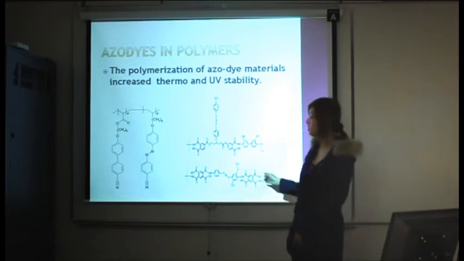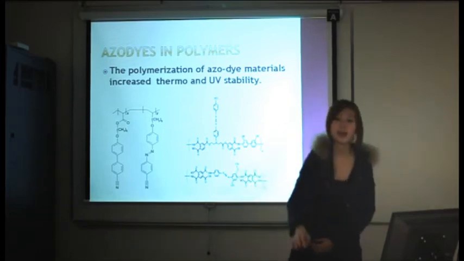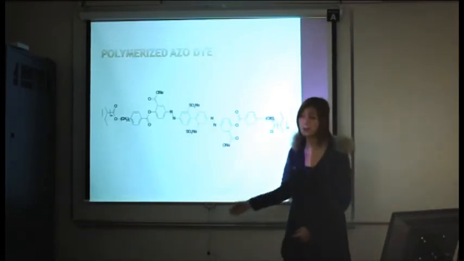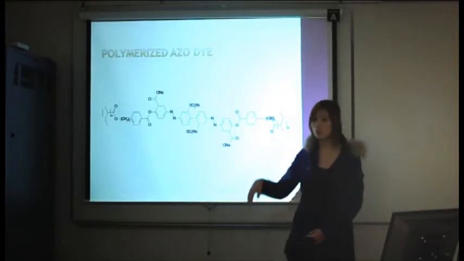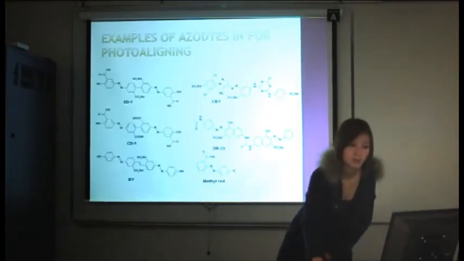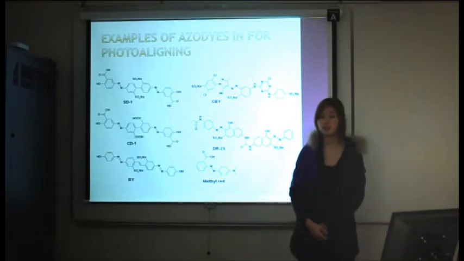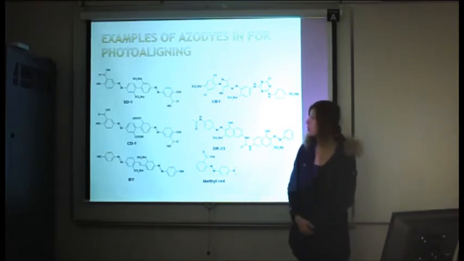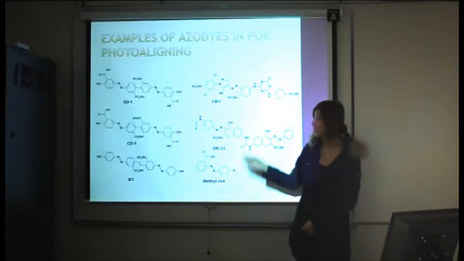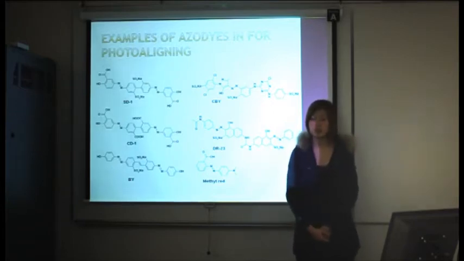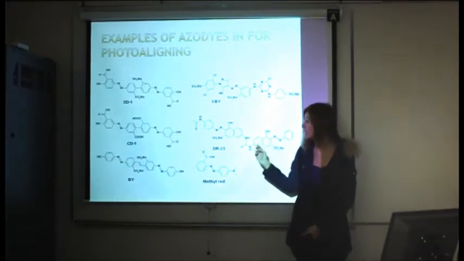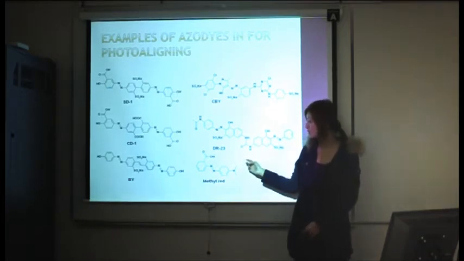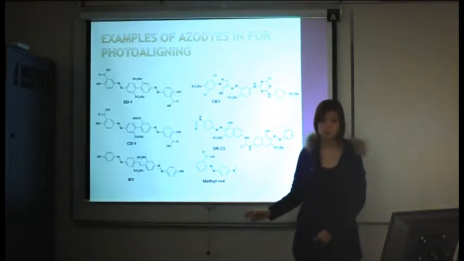You can see that this is the original azo dye. After polymerization, it will become like this. And here we can see some commonly used azo dyes. We have SD1, CD1, EY, CDY, DR223, and infrared.